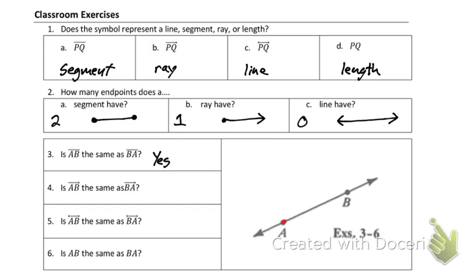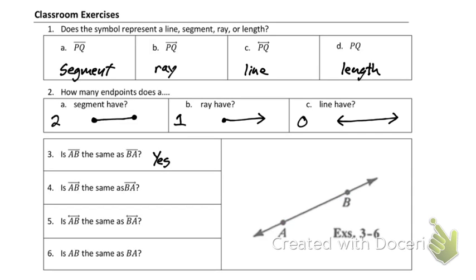I'm going to draw a segment AB. Now on top of that, I'm going to draw a segment BA. Minus the color, did it change? Nope, they're the same exact thing. I would draw the exact same picture no matter what you say.